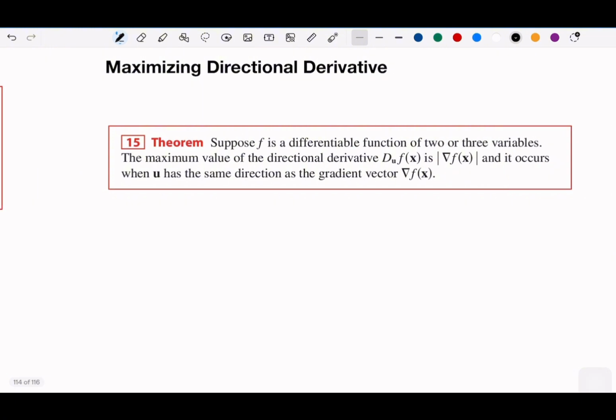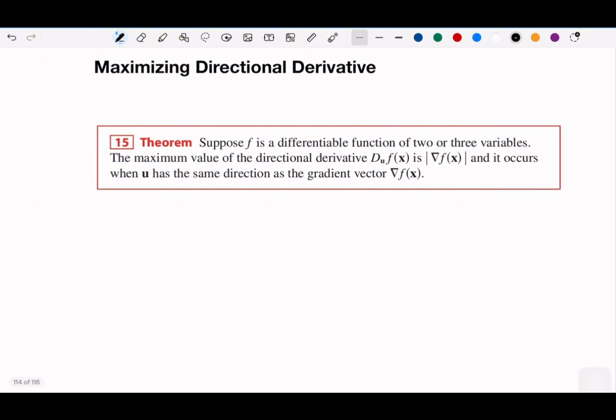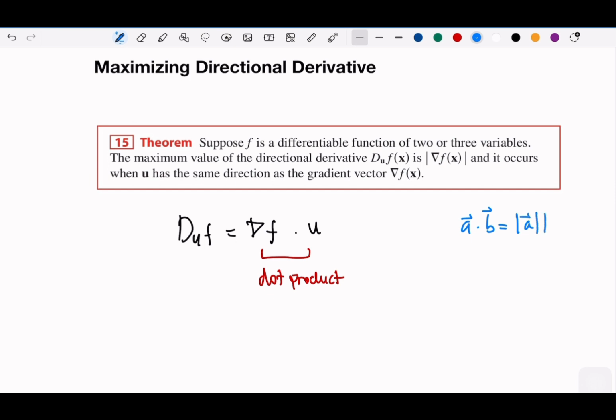What I want to show you is how to maximize the directional derivative, okay. So directional derivative, based on the definitions, is basically the del of f dot u, okay. Since this is a dot product, if you remember the dot product that we have, suppose that we have a dot b, in terms of projections, both are vectors, we can write this in terms of cosine theta, right?